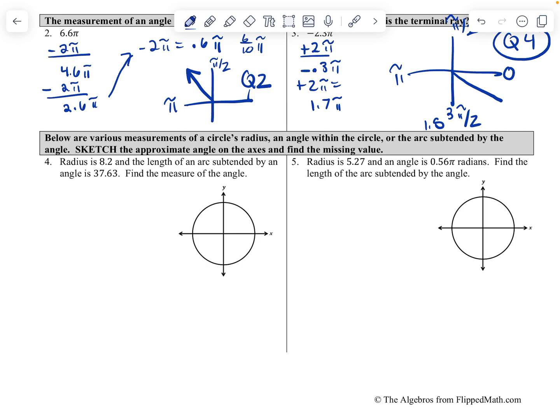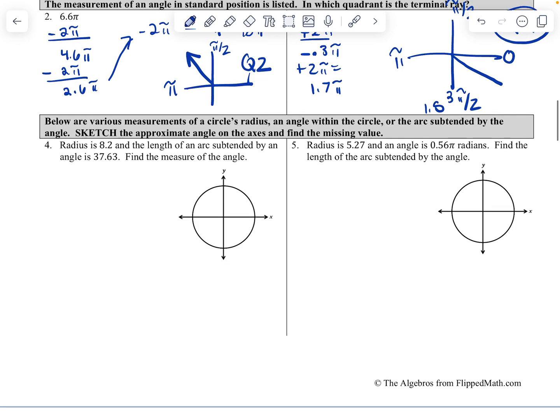Okay, this next one here, the radius is 8.2, and the length of an arc subtended by an angle is 37.63. We're supposed to find the angle.